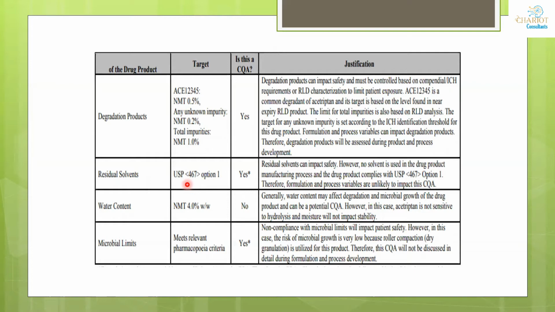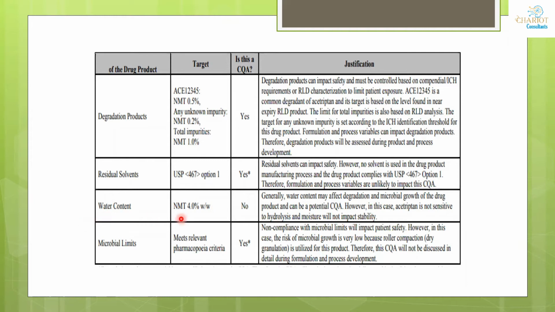The regulatory agencies have set limits for these solvents, and it should not cross them. If it is well within those limits, the product you are giving to the patient is safe. If the solvents are above those limits, they can be carcinogenic, and some solvents can be teratogenic. So you should follow those limits.